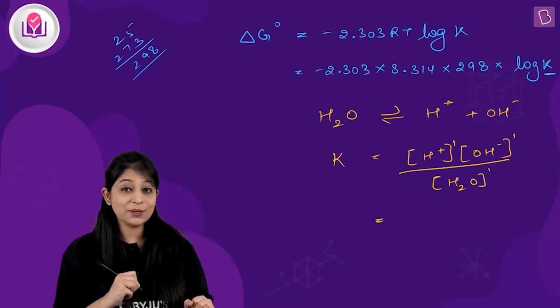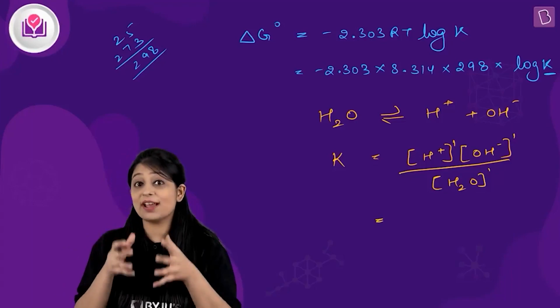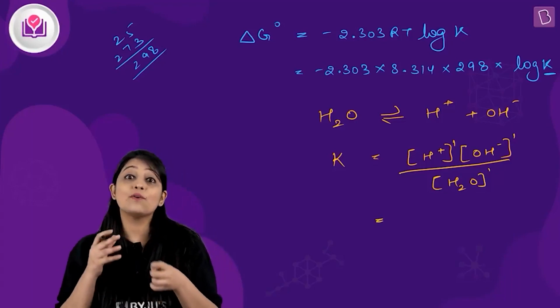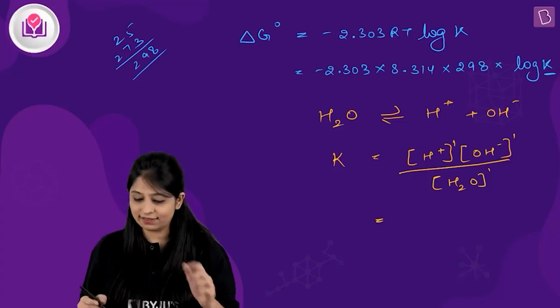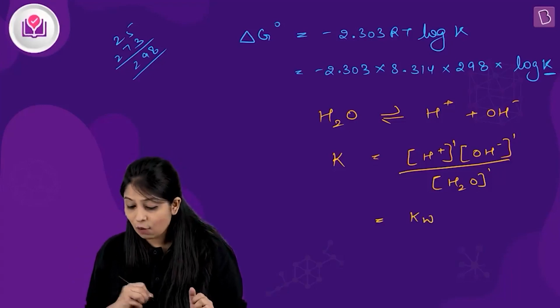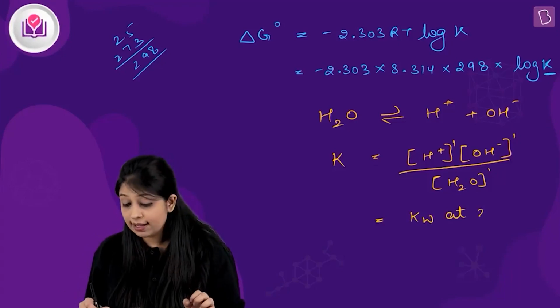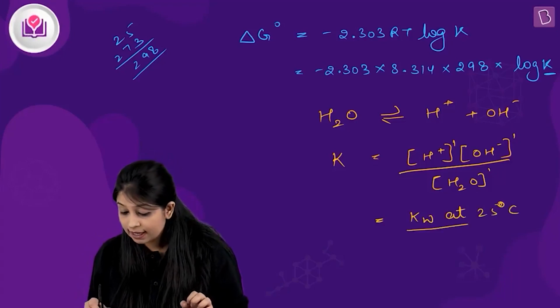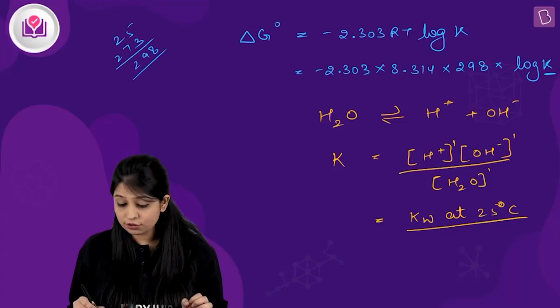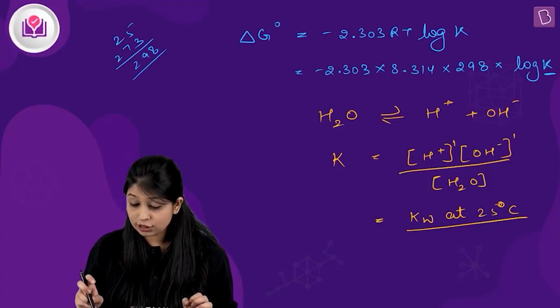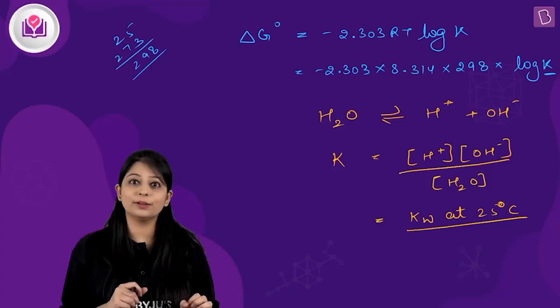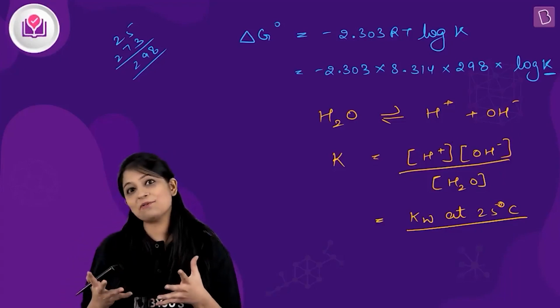So what do we know here? We know that the concentration of H plus ions into the concentration of OH minus ions is given by the ionic product of water, and we need to have it at 25 degrees Celsius, divided by the concentration of H2O, the concentration of water. What is the concentration of water?